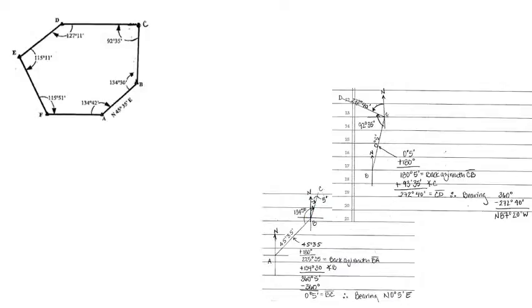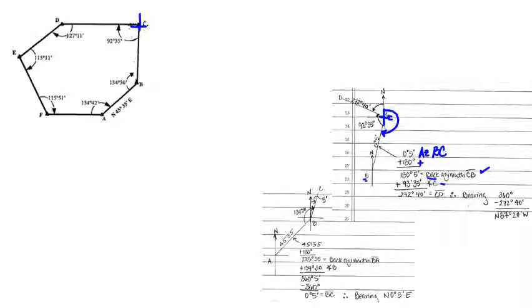The next thing we're going to do is we're going to move up to C. So now we're up here. So we need to get the back azimuth from C to B. So this was the azimuth from B to C. We're going to add 180 degrees to get the back azimuth of C to B, which is going to be 180 degrees plus 5 is going to be 180 degrees 5 minutes.